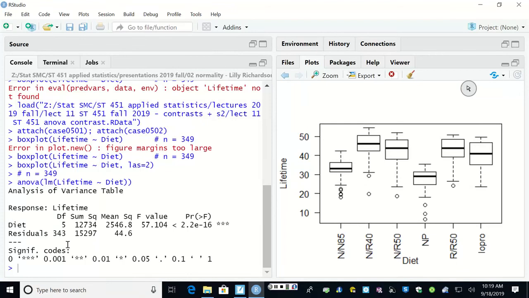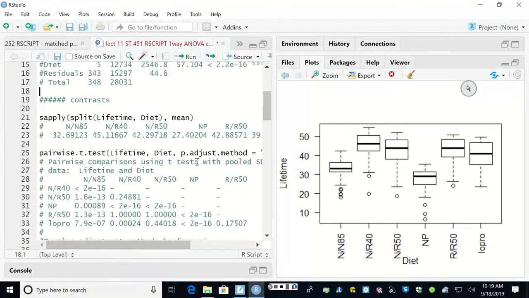Now we ask, where is it? Which of the means are different? So you might guess that the NP is quite different from those, and the NN is quite different from those. Maybe these two are different. It's a little bit up in the air whether these four top ones are going to be different from one another. Which diet has the biggest impact?